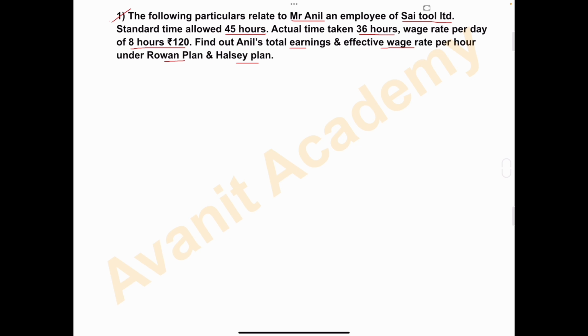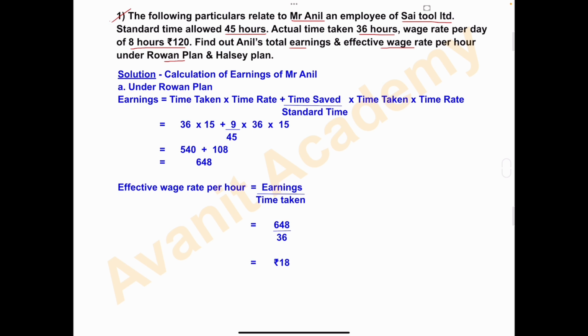Wage rate per day of 8 hours is rupees 120. Okay, the wage rate fixed for 8 hours is rupees 120. So for 8 hours the wage rate is 120 rupees. So by taking all this information, we have to find out earnings of Mr. Anil under Rowan and Halsey plan. Let's start the solution. Solution. Calculation of earnings of Mr. Anil.